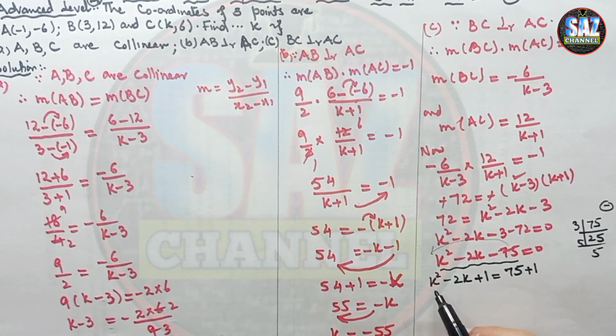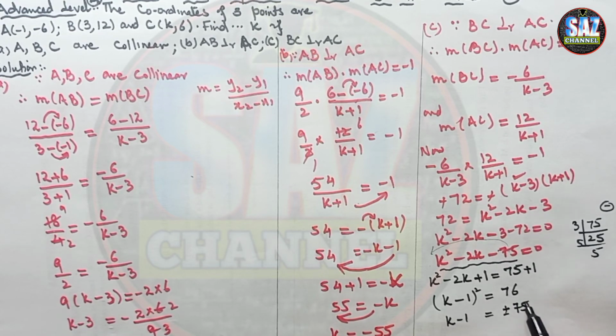Now this is k square minus 2k, and I can write it in the form of a perfect square, (k minus 1) whole square equals 76, and then k minus 1 will be equal to plus minus square root 76.